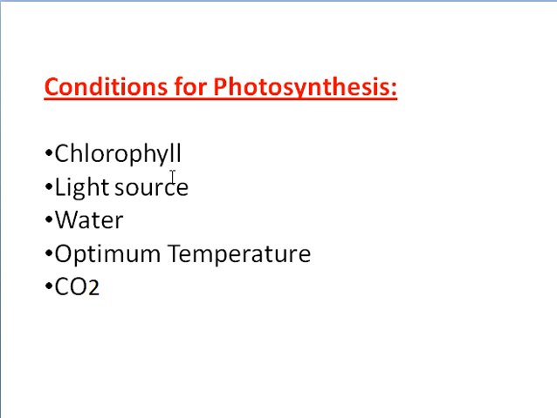Now then we move on to water. Water, as we've seen in the reaction of photosynthesis preceding this page, is one of the reactants, and without water, photosynthesis cannot take place. If water is very low, the rate of transpiration decreases.